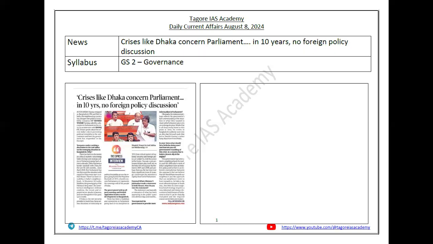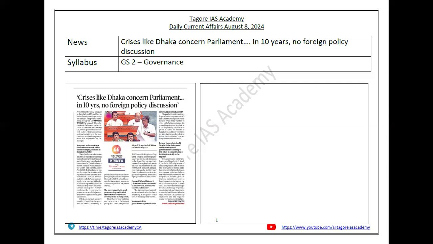Okay, this is also a very simple news. We are not discussing the news, but this is just a fodder point for you to write how governance is taking place in India. There might be a question on the working of Parliament. The working of Parliament, as we know, is being criticized for not discussing the matters which it should. The Honorable Member of Parliament, Mr. Manish Tiwari, mentions that there has been no foreign policy discussion in Parliament.